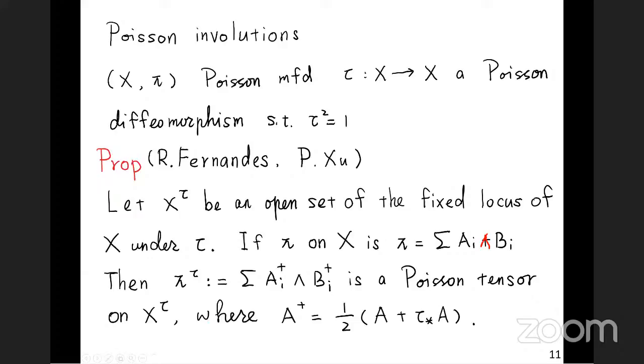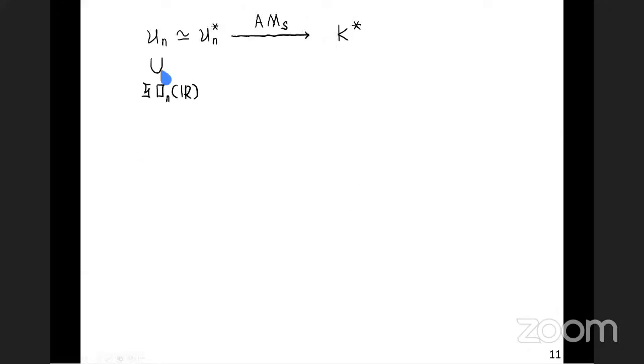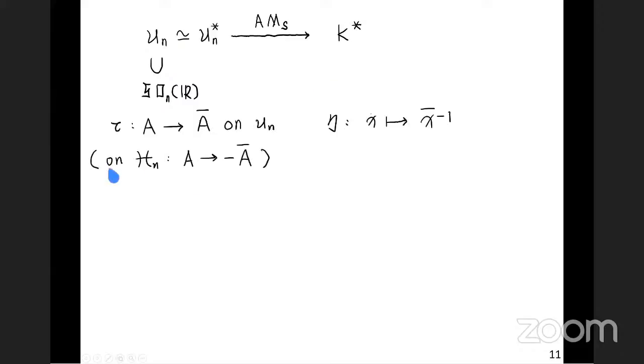So, why do we care about the Poisson involution? Because once we identify U(n) and U(n) star, SO(n) is actually a fixed locus of U(n) under some involution. This involution is simply given by A goes to A bar on U(n).